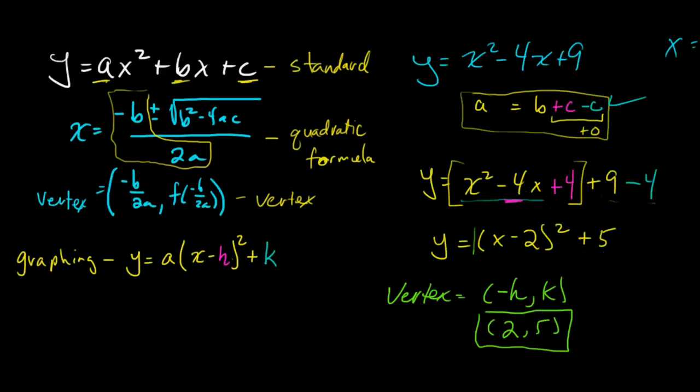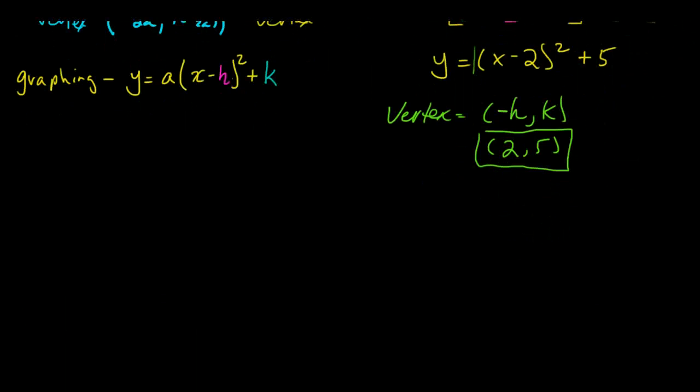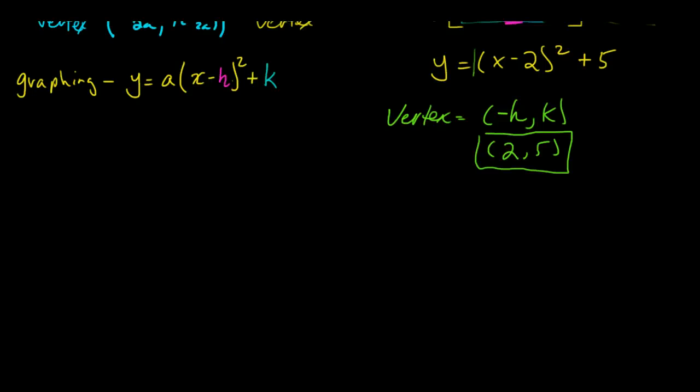So from here, should I want to sketch my graph, it would look a little bit something like so. Here's my y-axis, here's my x-axis. I would have my vertex at 2, 5, so there's 1, 2, 1, 2, 3, 4, 5, so my vertex would be here.